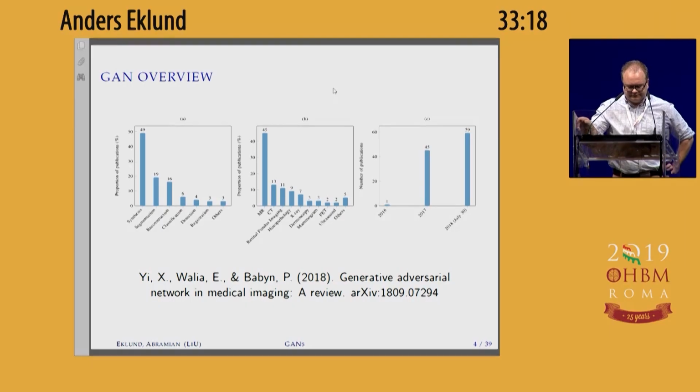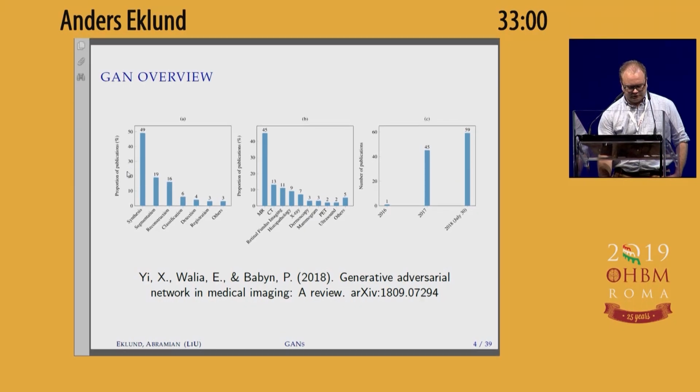So the use of GANs has really exploded during the last years. This is an overview from a nice review paper that in 2016 there was only a single paper, but then it really exploded in the last years.